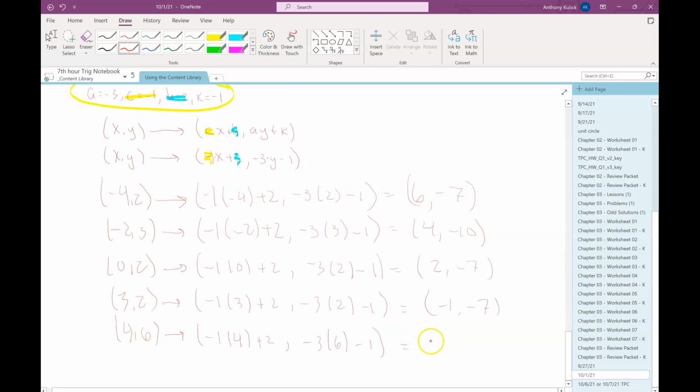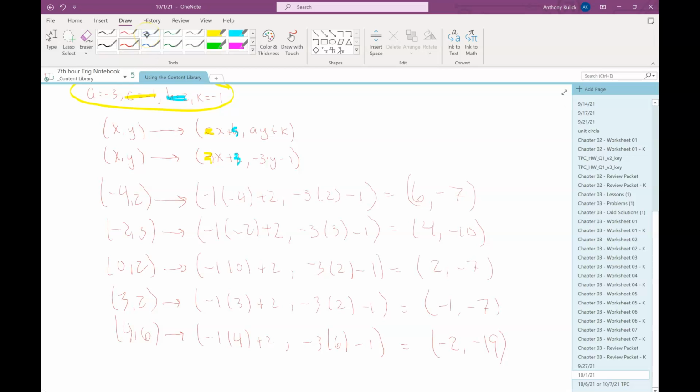And that's going to give me -2 and -19. Everybody okay with what I did there? Nothing tricky, right? I just plugged the x's and y's into this little formula that we made to get our new points. And then I plot my new points and I draw my new graph.